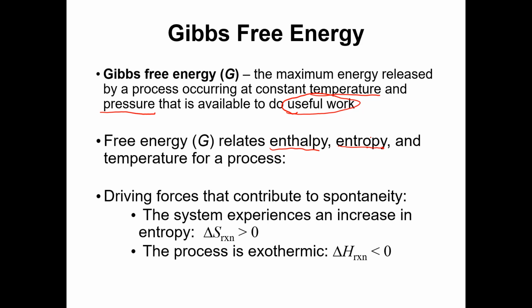So far when we've talked about whether something is spontaneous, we've said that generally, if something is spontaneous, there's an increase in entropy, meaning the system becomes more disordered, so delta S is positive, or in other words, greater than 0. And we've also said that things tend to be spontaneous if the process is exothermic, meaning delta H is negative or less than 0.